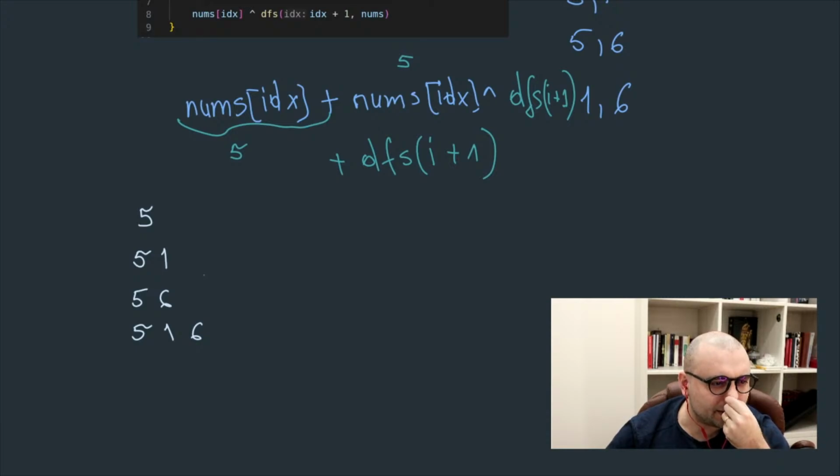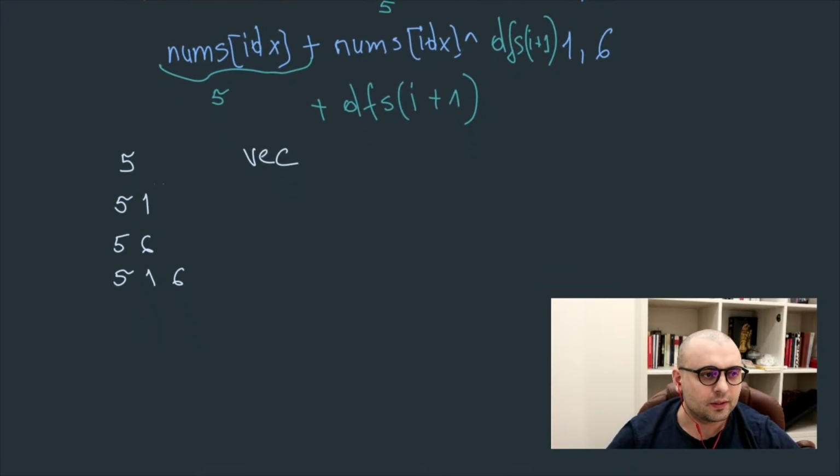I guess here what we lack, we need some sort of structure. Maybe we should keep it in some sort of a vector, to have something on those lines.